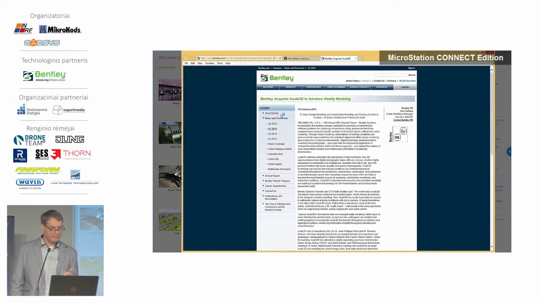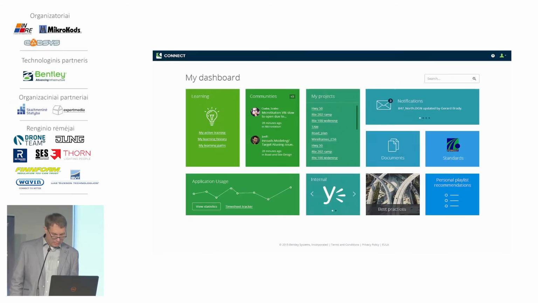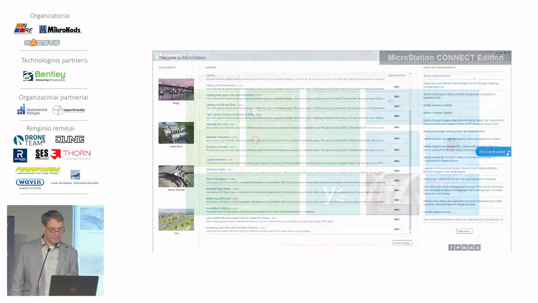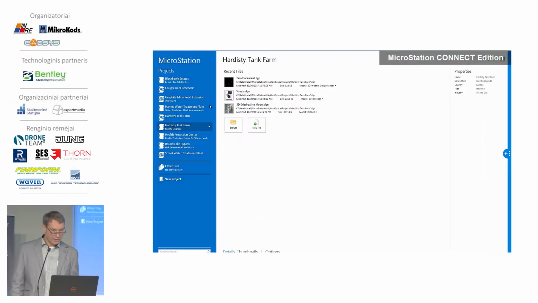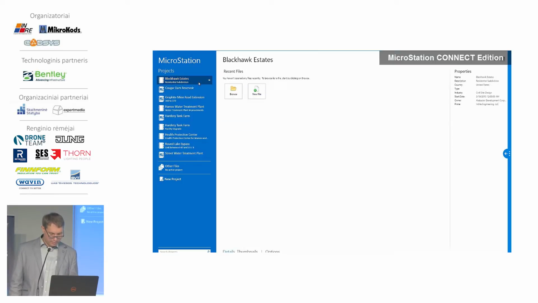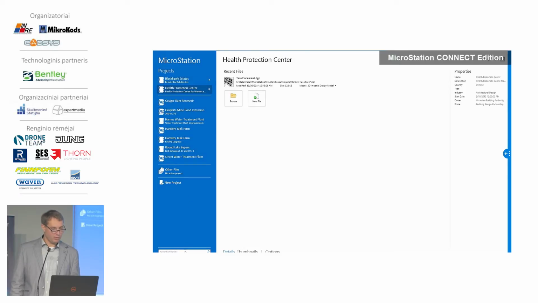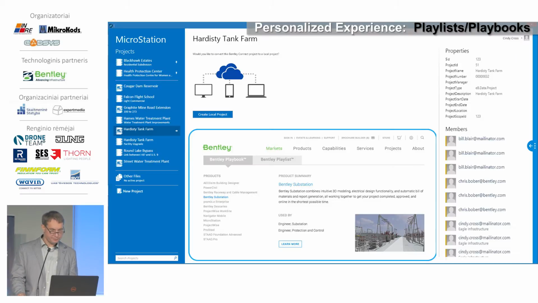You may get news and feeds to Bentley communities, and you have a dashboard, which at a glance gives you all the information, links, performance, etc. And everything is around the project. So project is now the top level concept in all Connect Edition products.